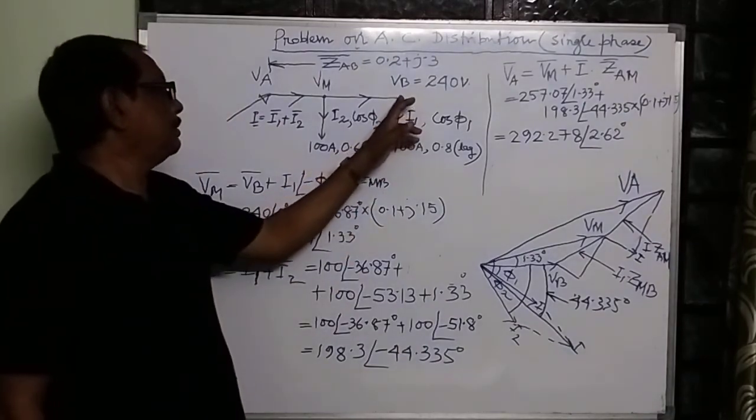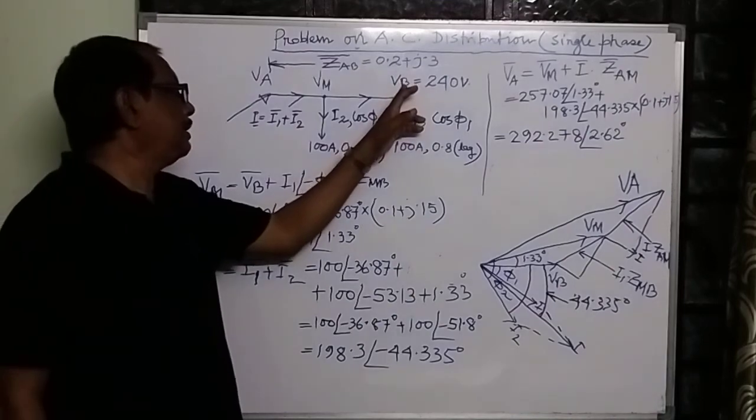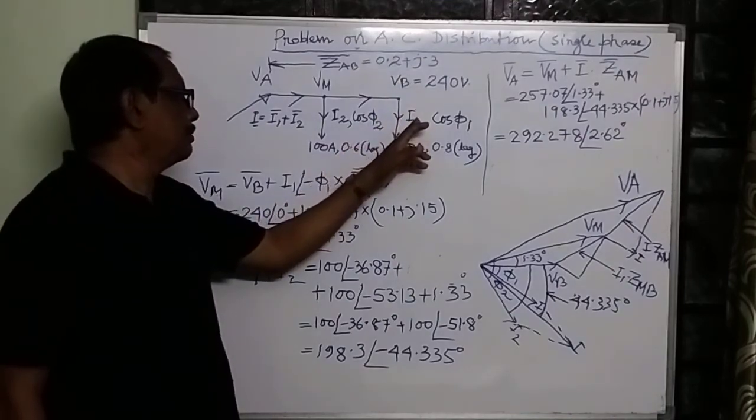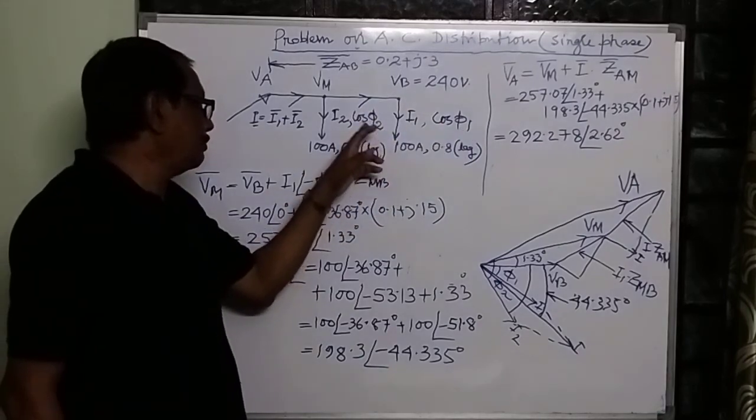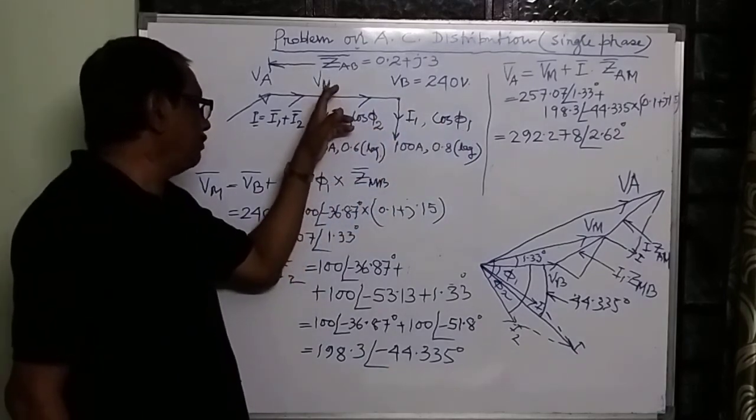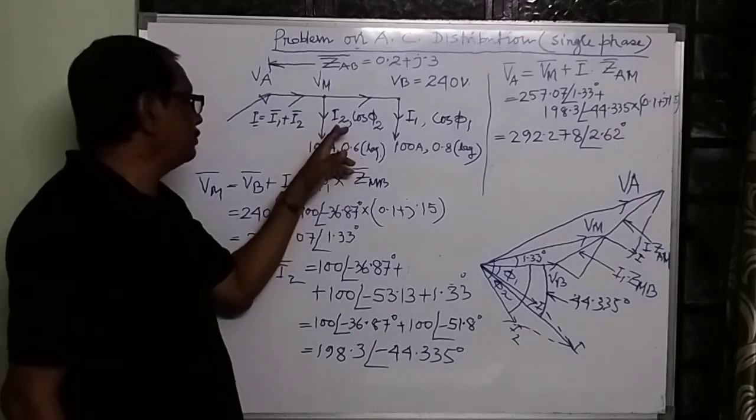Now this power factor angle is between VB and I1. This angle is phi1, and the power factor angle at the M point is between VM and I2.